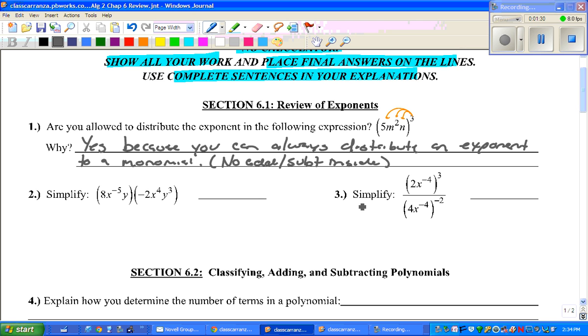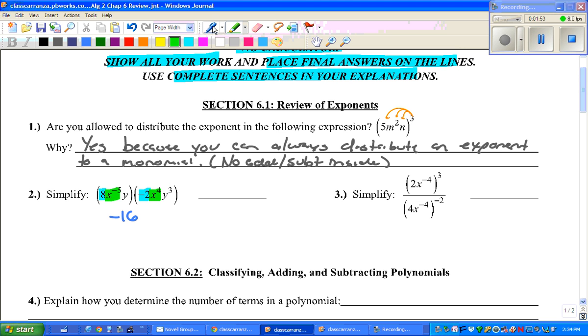All right, simplify. 8x to the negative fifth y times 2x to the fourth y cubed. We multiply the coefficients, which gives you negative 16.